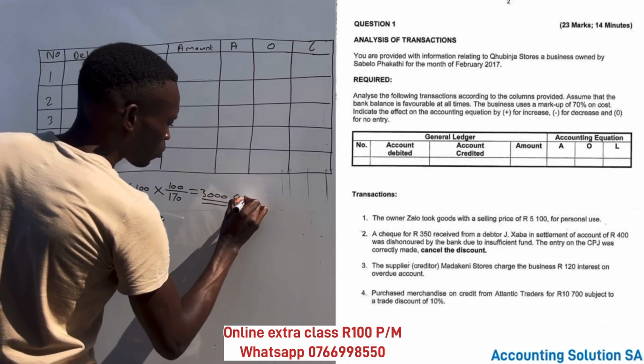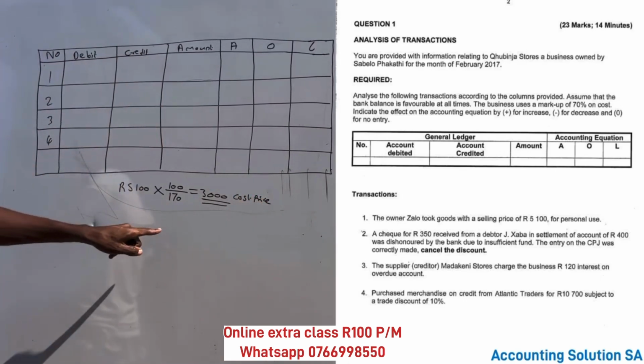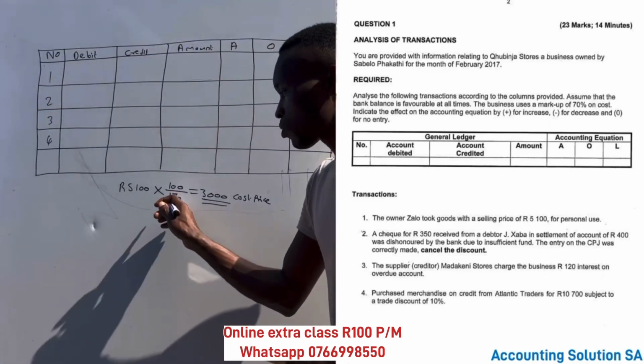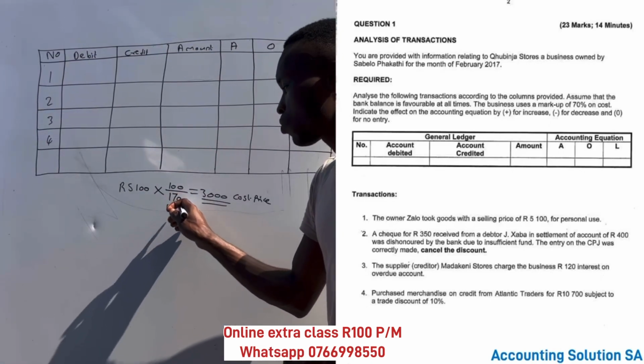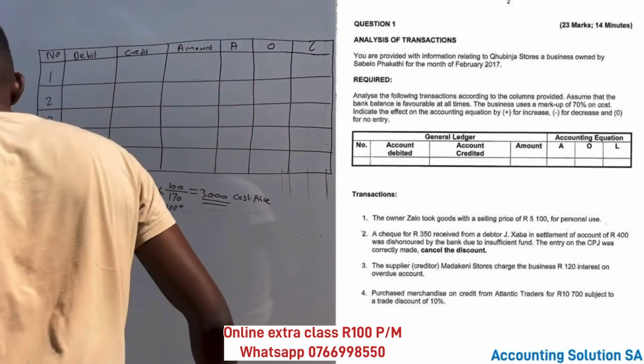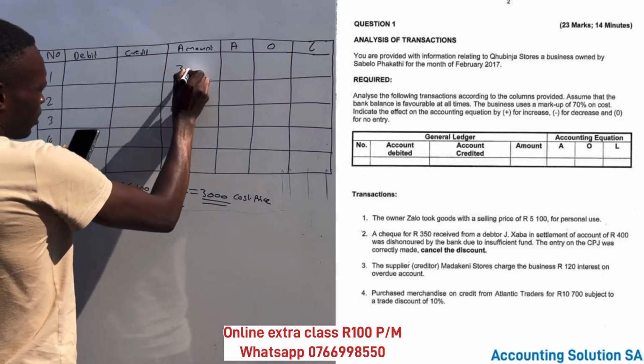This is our cost price. It's 170 because our markup is 70, and remember it's always 100 here. You add the markup that you are given, then you will get the correct answer. So our amount will be 3,000.